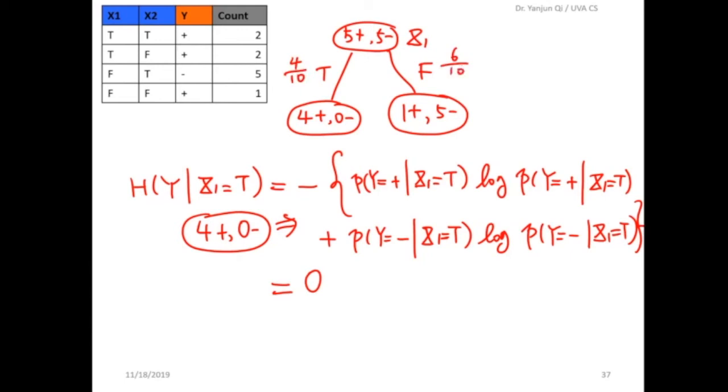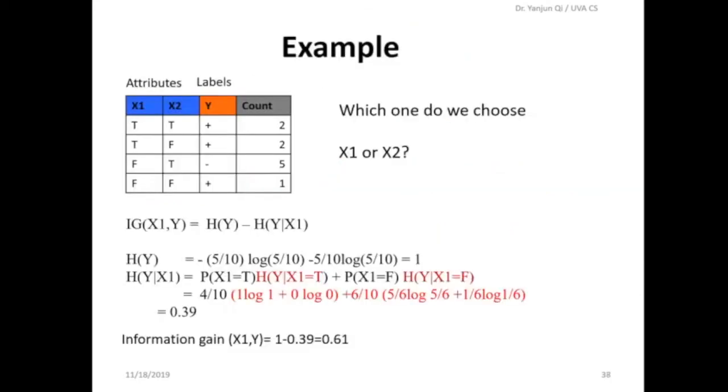That's the proportion of how many samples have x1 equals true and how many have x1 equals false. Because this is an expectation, right? So you have to multiply the entropy conditioned on true times the probability of x1 equal to true in the whole portion. That's how you get the final conditional entropy.